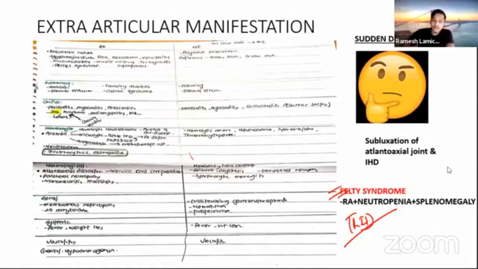In rheumatoid arthritis there is a subluxation of the atlantoaxial joint, that is the joint between the atlas and axis. If there is a subluxation, it will compress the medullary centers and the major vital centers, which will cause sudden death. Another one is ischemic heart disease. There is a coronary vasculitis associated with it, so that causes sudden death.